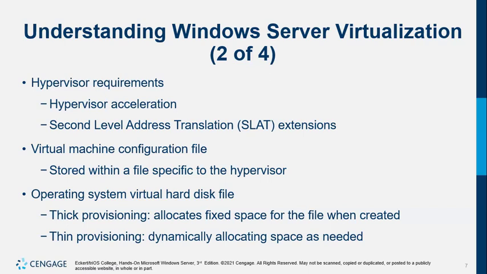But the two different types are a thick provisioning, which is basically you select a fixed space for your hard drive, meaning that if you want to provision 50 gigabytes for a virtual machine, that 50 gigabytes is a fixed space, and you determine that right up front when you create the virtual machine.